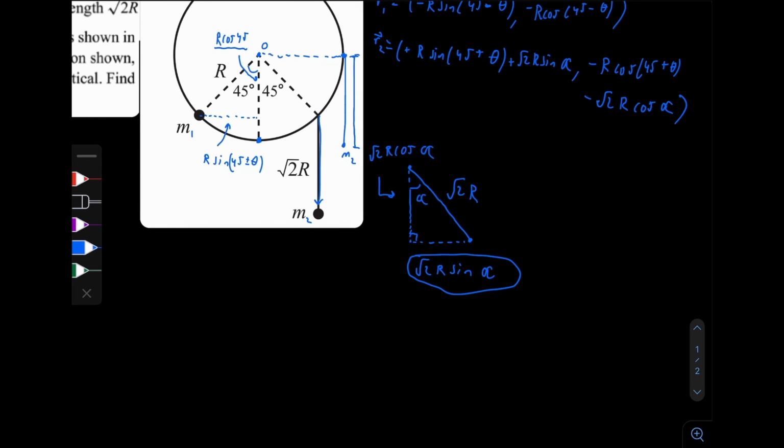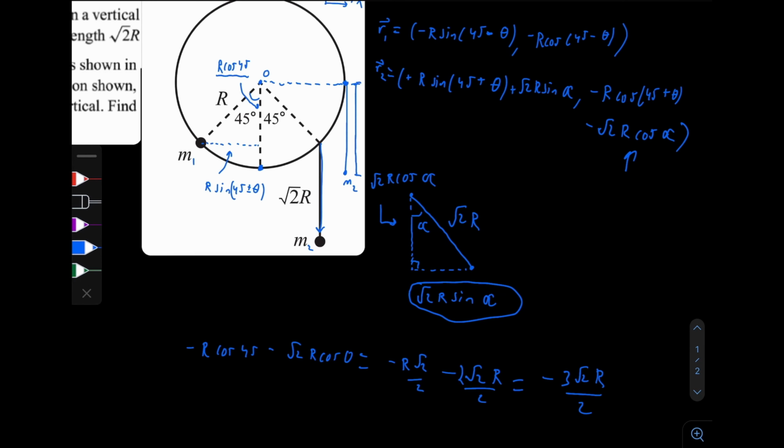And if you're unsure about this part, let's put in some values. When theta is equal to 0, and let's say alpha is also 0, then we'll have negative r cosine of 45 minus root 2r cosine of 0. So that's going to equal negative r root 2 over 2 minus root 2 times r, which is negative 3 root 2 r over 2. Is that correct? Let's check.